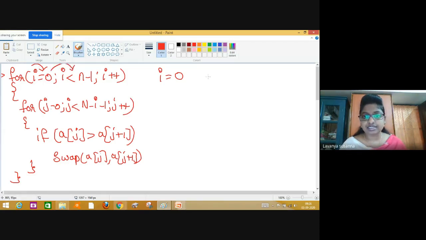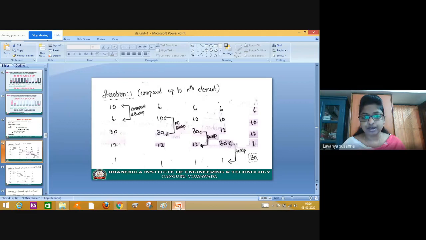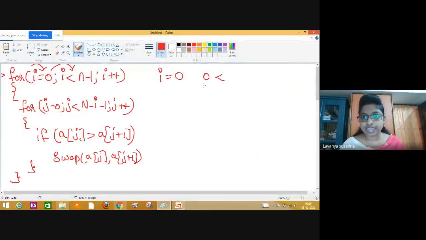Take this example, n equal to 5, the number of elements is 5, right? 5 minus 1. 0 is less than 5 minus 1, which is 4. 0 less than 4. True, right?